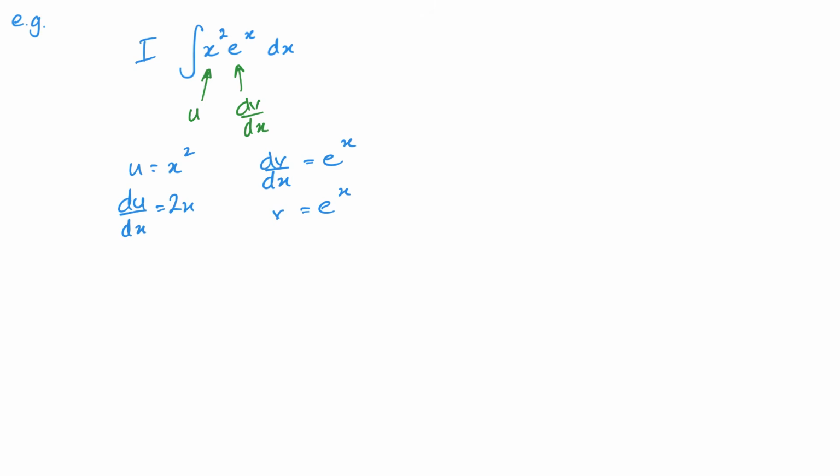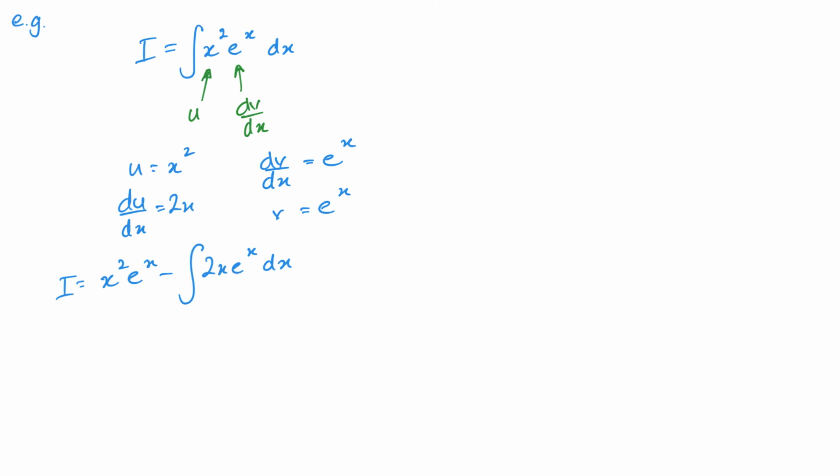Now I'll label this I, so that I can just jump down here without having to rewrite it. So uv is x squared e to the x minus the integration of v times du by dx. So that gives me 2x e to the x dx.